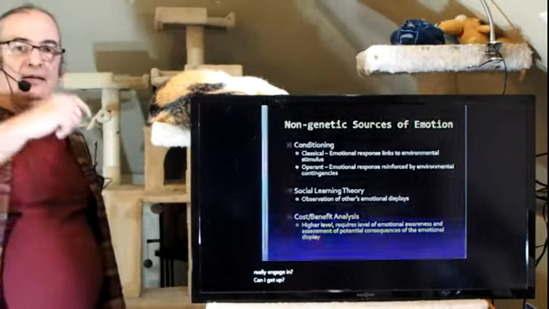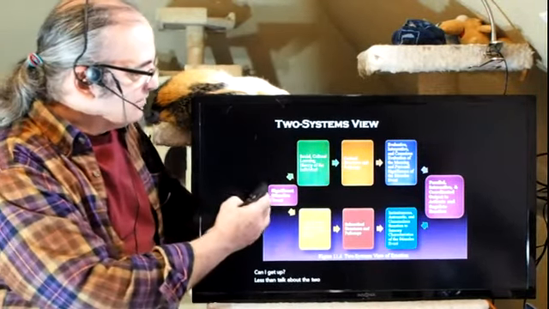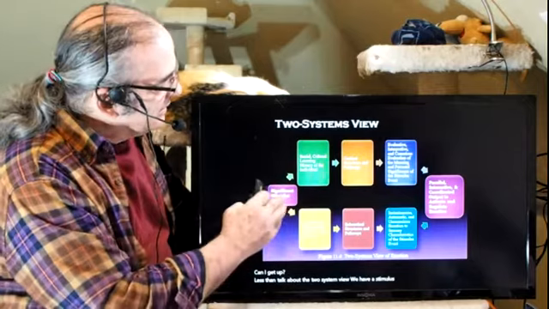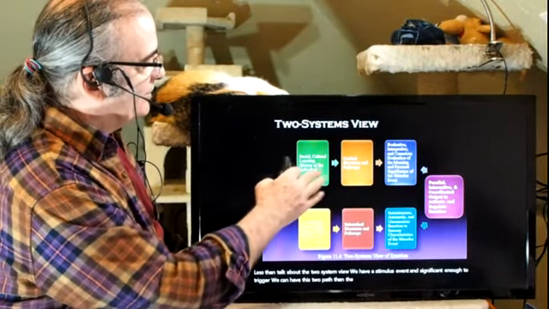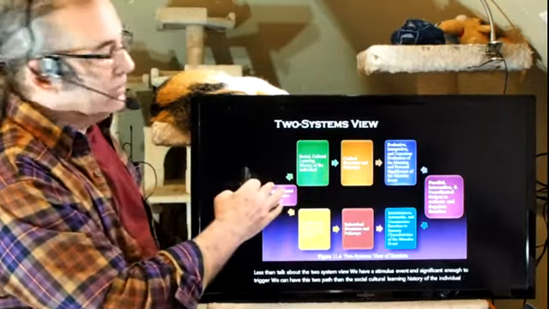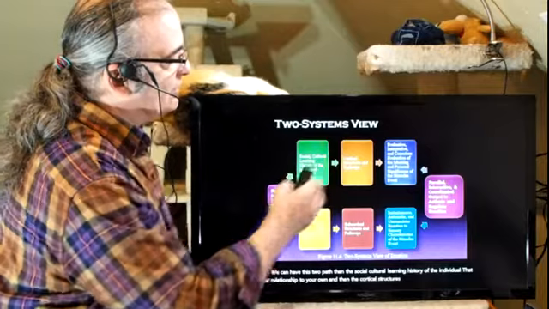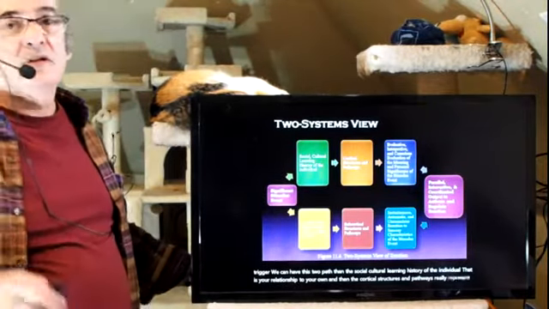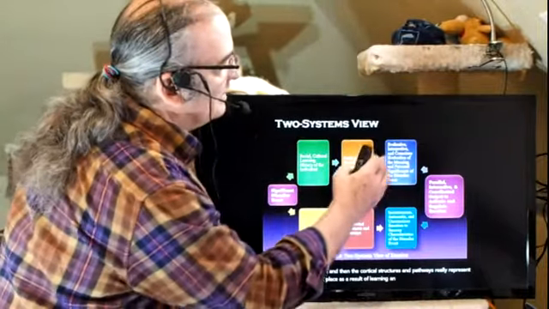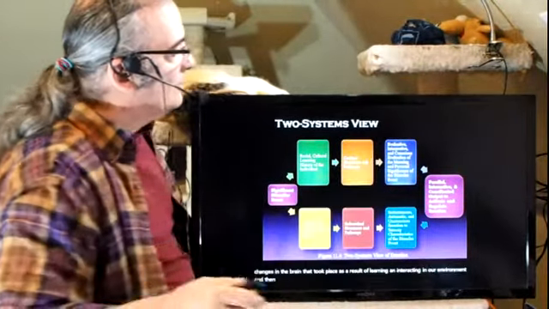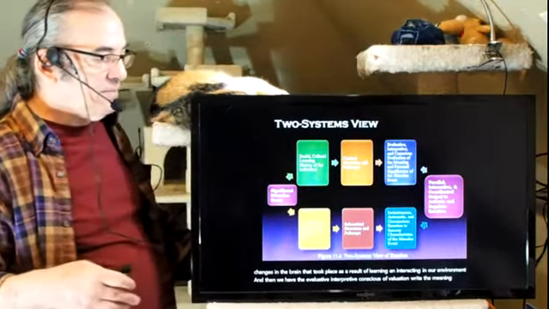All right. Let's then talk about the two-system view. We have a stimulus event significant enough to trigger two paths. First, the social and cultural learning history of the individual, your relationship to your own environment. The cortical structures and pathways represent changes in the brain that took place as a result of learning and interacting in our environment. Then we have the evaluative, interpretive, conscious evaluation: the meaning and personal significance of the stimulus event.